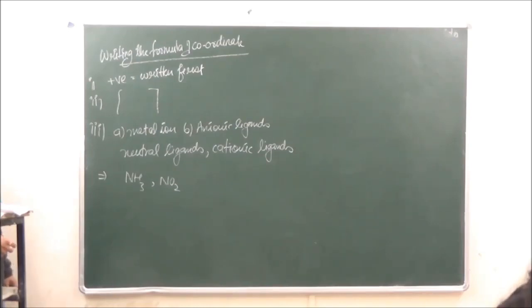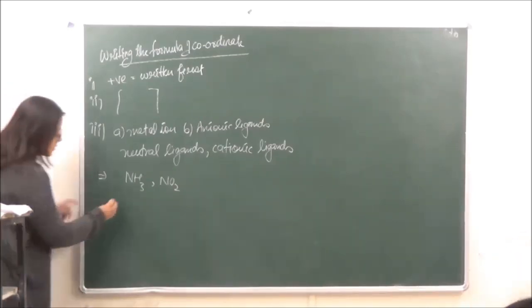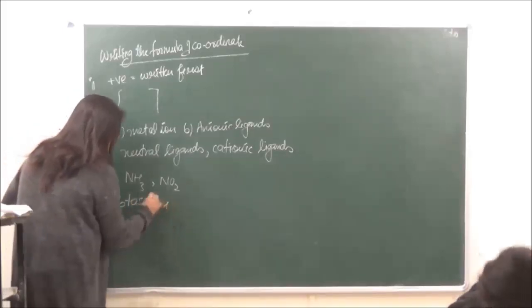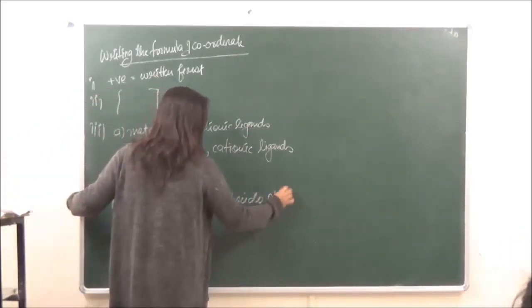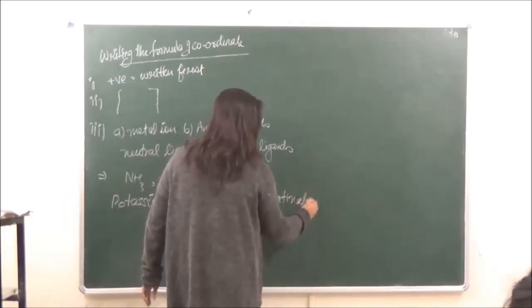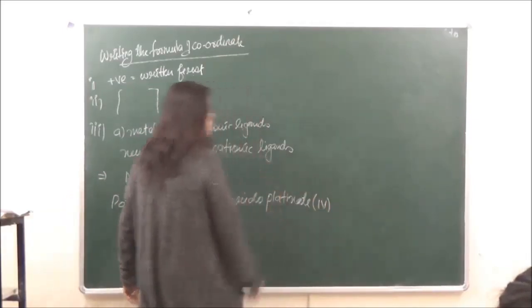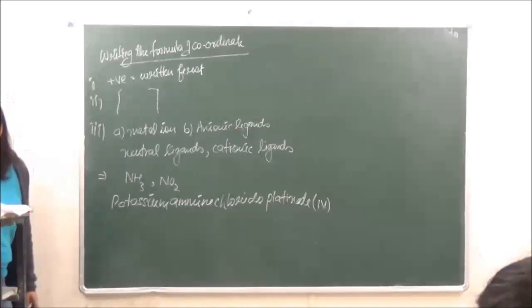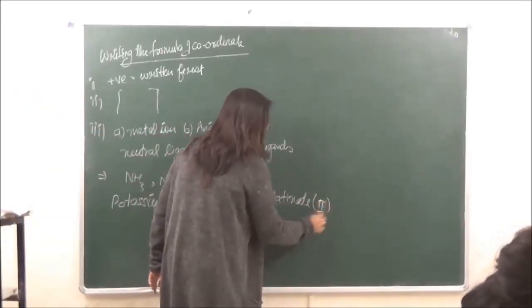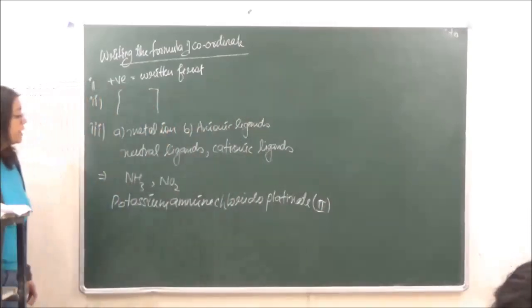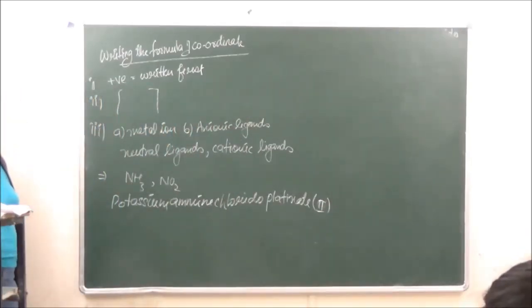We have the name given to us as potassium amine chloridoplatinate, and the oxidation state is given as 2. The oxidation state is going to tell us about the number of counter ions which have to be placed.